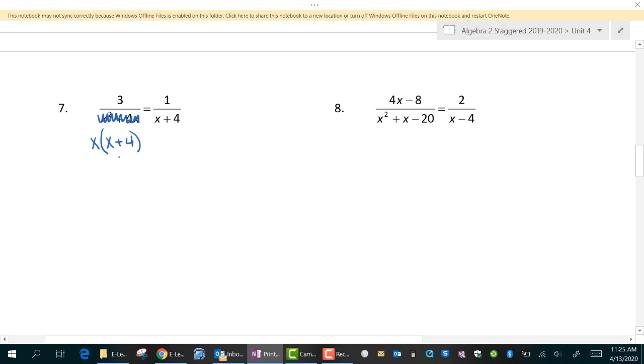Again, I notice both the left and the right have this x plus 4, but the left-hand side has this additional x that the right side does not. So I'm going to multiply both numerator and denominator by x. The minute my denominators are the same, I have that x in both, x plus 4, I can just focus on the numerators. So I get 3 equals 1x, or x equals 3.